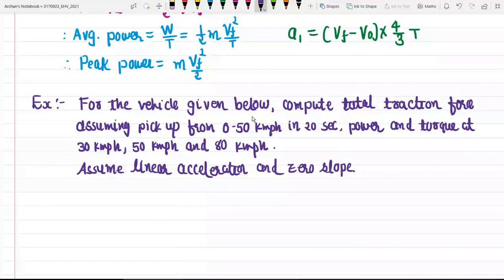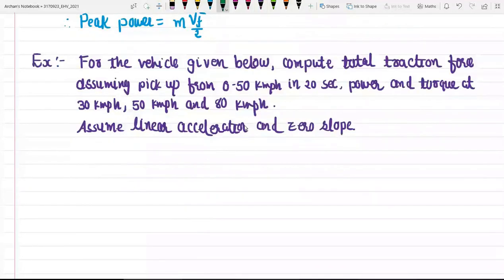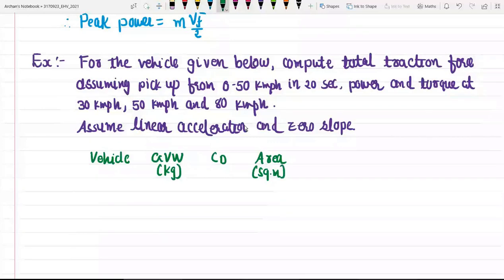First we'll take the type of vehicle. Then the gross vehicle weight in kg is given to you, the drag coefficient, the frontal area in meter square, the rolling resistance and the radius of the tire.